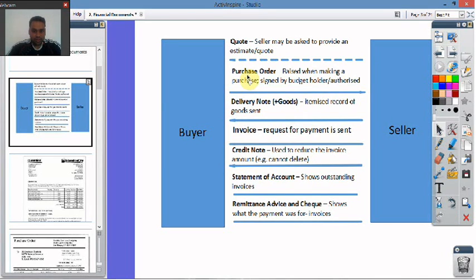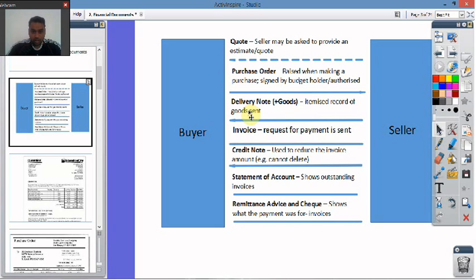If the buyer just received random invoices, how would they know that this was a legitimate invoice? Well, if it's got the purchase order number on it, then they know that it's been raised by them, sent to the seller, and then they know that this is a legitimate order. Obviously purchase order numbers are specific numbers that have been raised by the buyer, so the buyer should be able to recognize them.